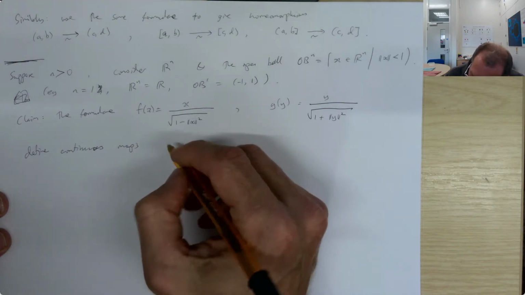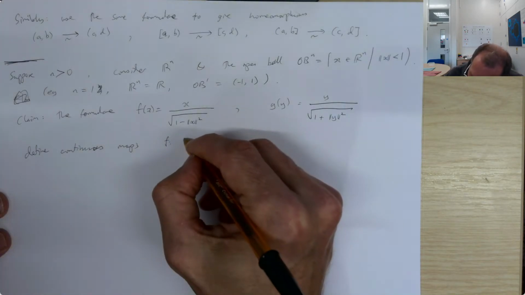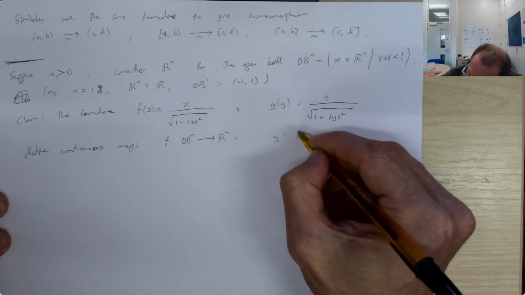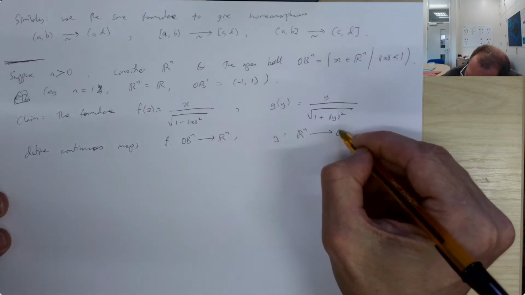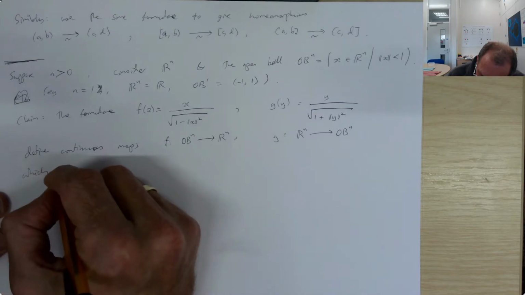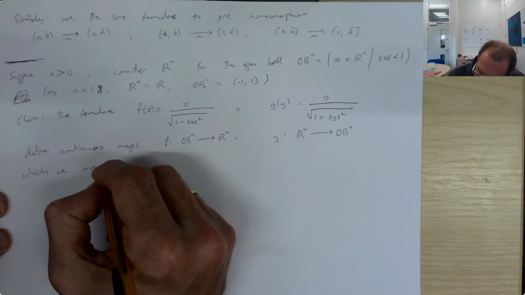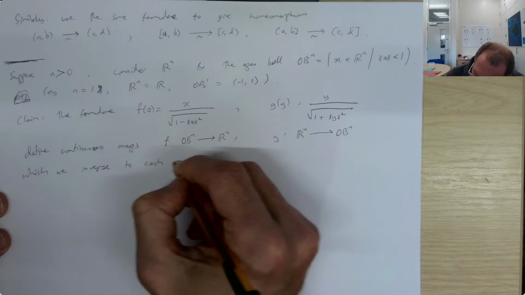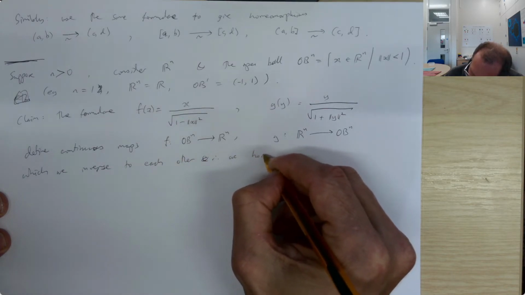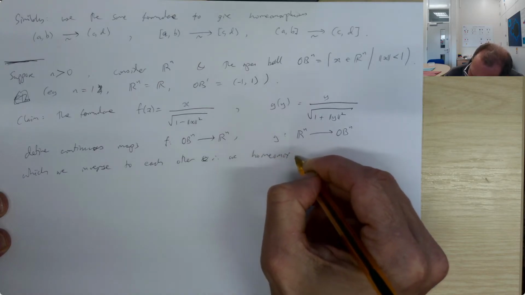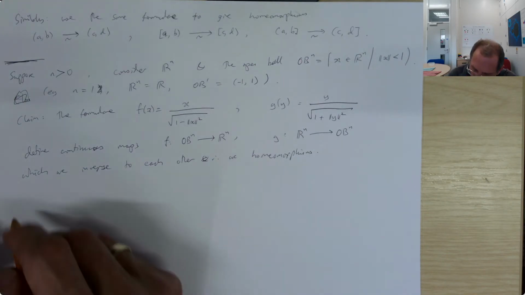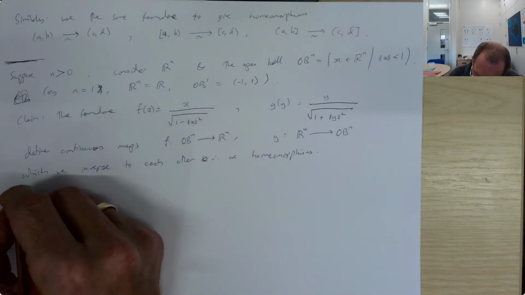They define continuous maps, f from OBN to Rn, and G from Rn to OBN. Okay, so I want to claim that these are homeomorphisms, inverse to each other.